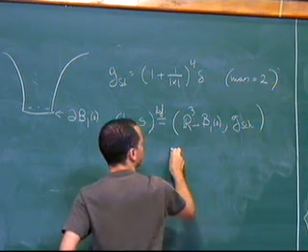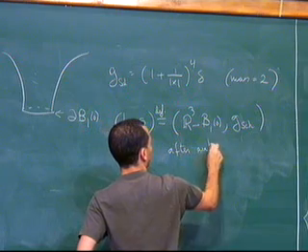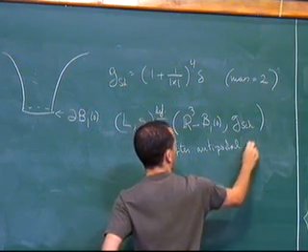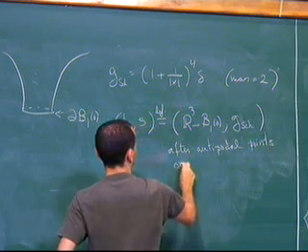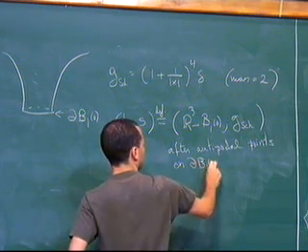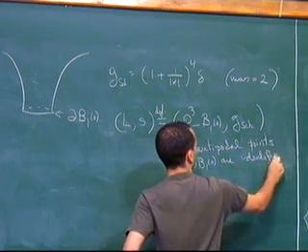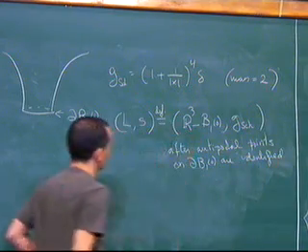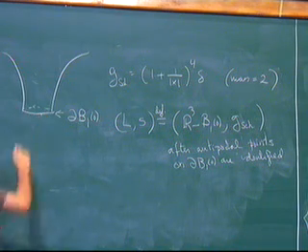Well, let me say after antipodal points on the boundary are identified. So I look at the half Schwarzschild, and then I identify antipodal points on the boundary.